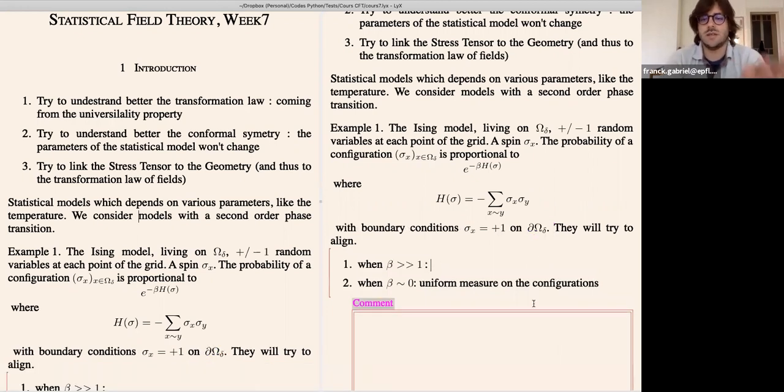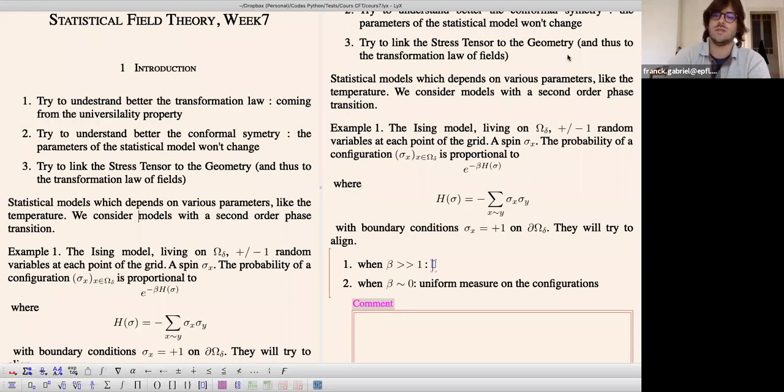So when beta is very huge, if my configuration doesn't have the lowest energy, it will disappear. What we see is just the minimum energy configuration, and we have seen that the spins tend to align, so it's the one where everything is aligned. So sigma is equal to 1 everywhere.